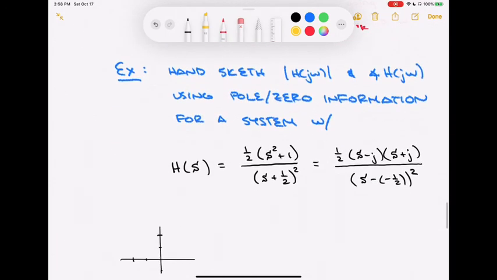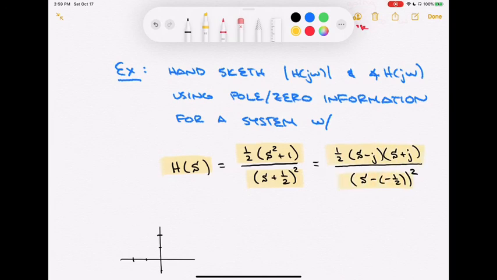So, hand sketch, let's do this as an example. Let's hand sketch both the magnitude response and the phase response using the pole-zero information for a system H(s) that can be represented as one half times the quantity s squared plus 1 over s plus one half, quantity squared. If I factor that out, I get one half, s minus j, s plus j, and an s minus of minus one half, quantity squared.